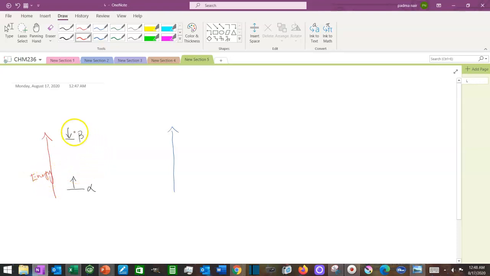Now the two spin states are not equivalent in energy, and the difference in energy is represented as delta E. When a nucleus occupying the alpha spin state is subjected to electromagnetic radiation, absorption can take place.